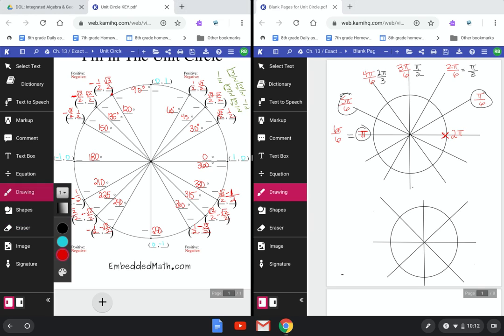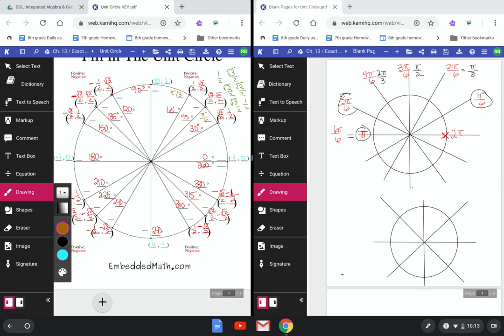So let's write that over here on our unit circle. So for this one, we have pi over 6. Here we have pi over 3. Oh, I'm so sorry. That we'll deal with in a second. That's our 45-degree circle, which we're not dealing with yet. Pi over 3 is here.